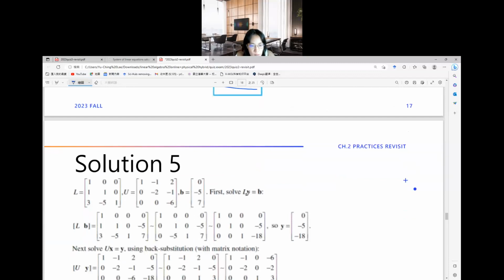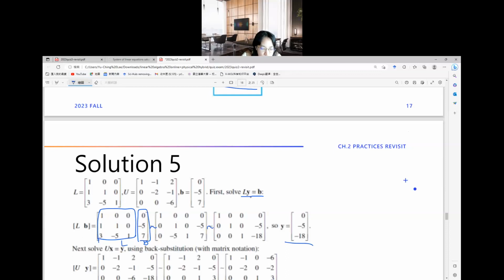We first solve for Ly equals b. In order to solve for Ly equals b, we form an augmented matrix by putting the L matrix right here, and then the b vector here, and then do the row operations until a reduced echelon form. So y equals 0, minus 5, minus 18.